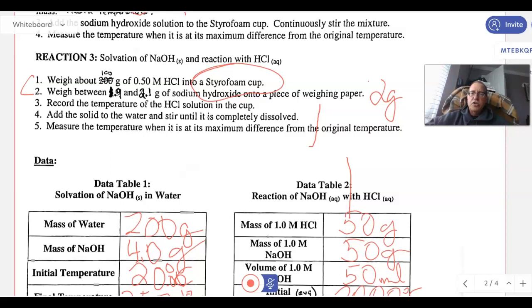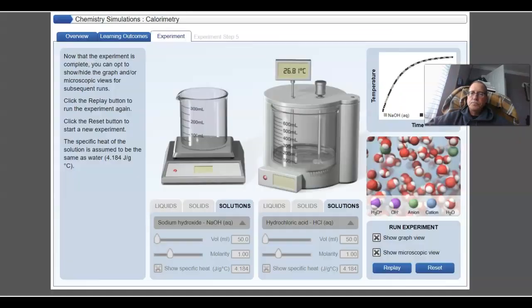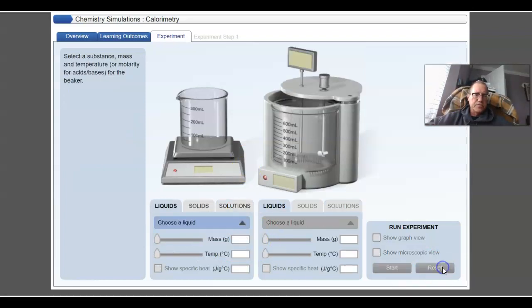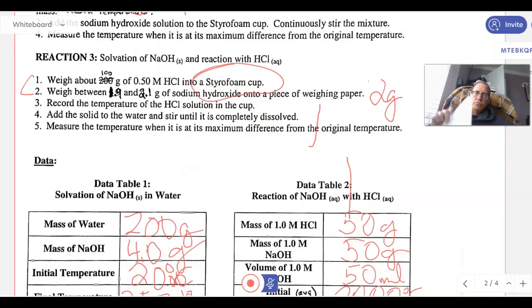I'll set it up for you, but I want you to run it and collect the data. Okay, so in this case, let's reset it. All right, we're on number 3. Well, let's start with number 2.